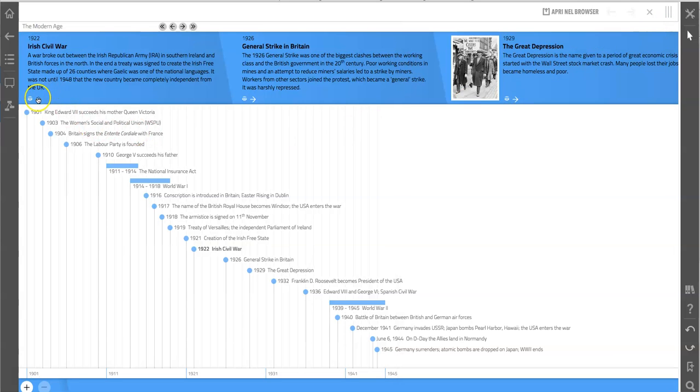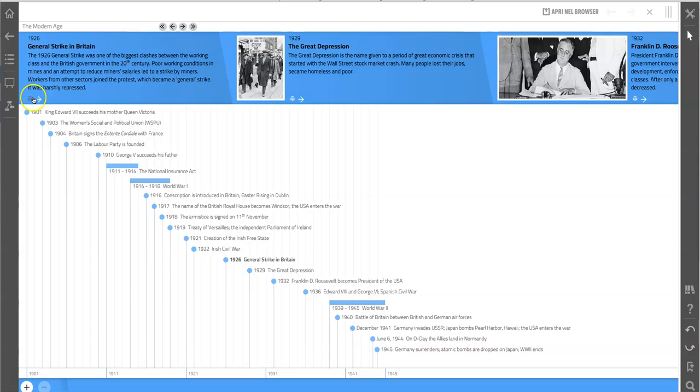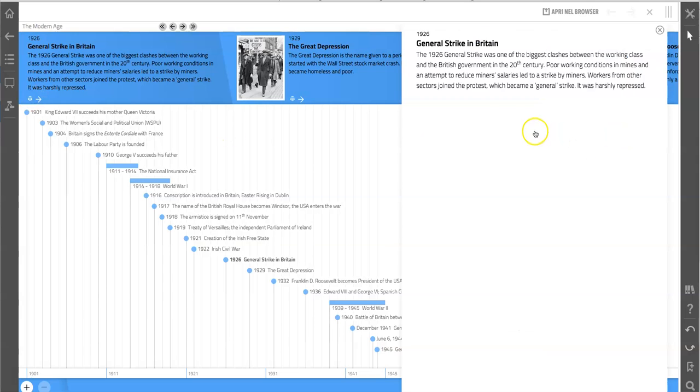And now let's go to the general strike in Britain. In 1926, there was a general strike that was one of the biggest clashes between the working class and the British government in the 20th century.